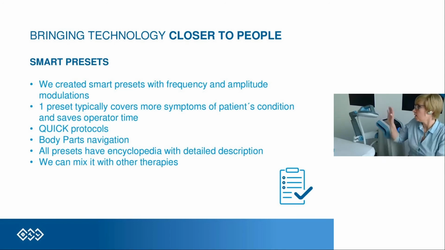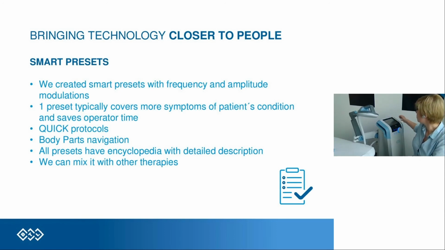And regarding the product features, we have the preset protocols. So you can just set and run the therapy. The one thing you have to do is to apply the applicator onto the treatment area and adjust the intensity. We have also the quick protocols. As I told you, we have the list, and we have the body part navigation, so we can decide from body part navigation and from the list what kind of protocol we want to choose.